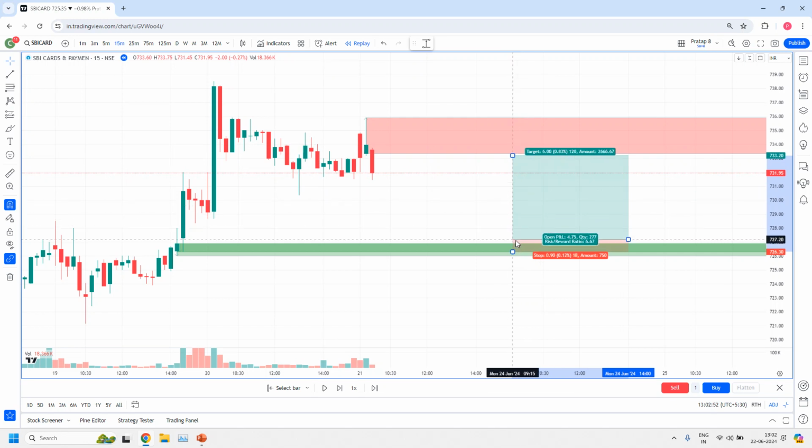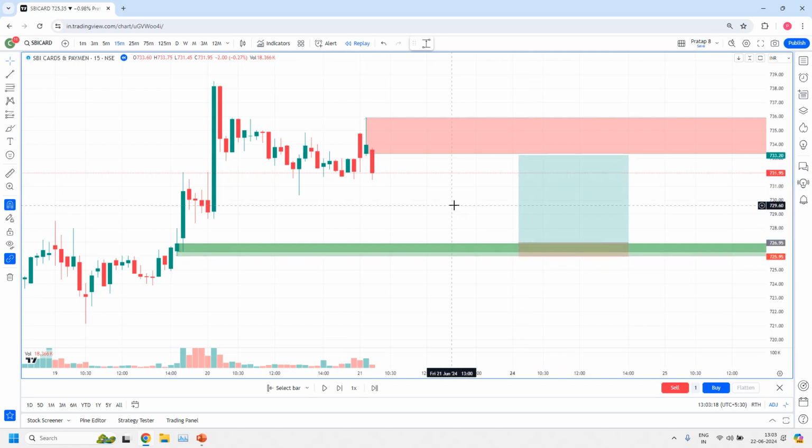And entry we want to take exactly at this type 2 proximal or a little before. Anything is okay, with some entry buffer. And our stop loss could be within this 15-minute zone with some stop buffer, or within the 5 minutes with some stop buffer, or exactly at the 15 minutes or some buffer before it. It all depends on your risk management.